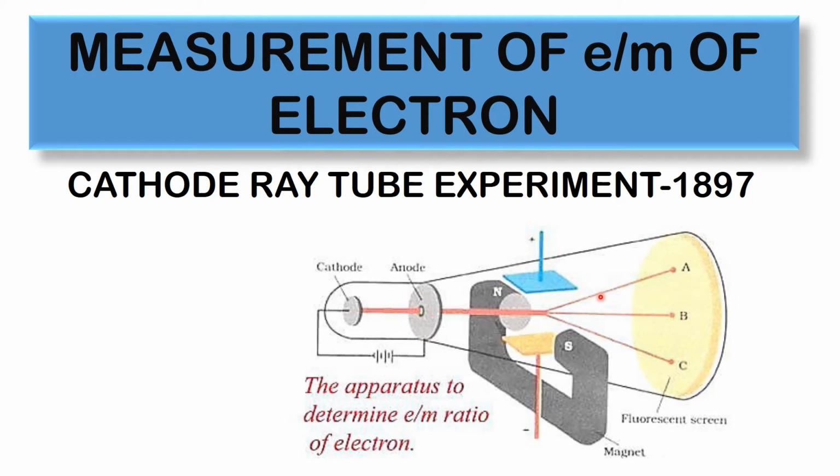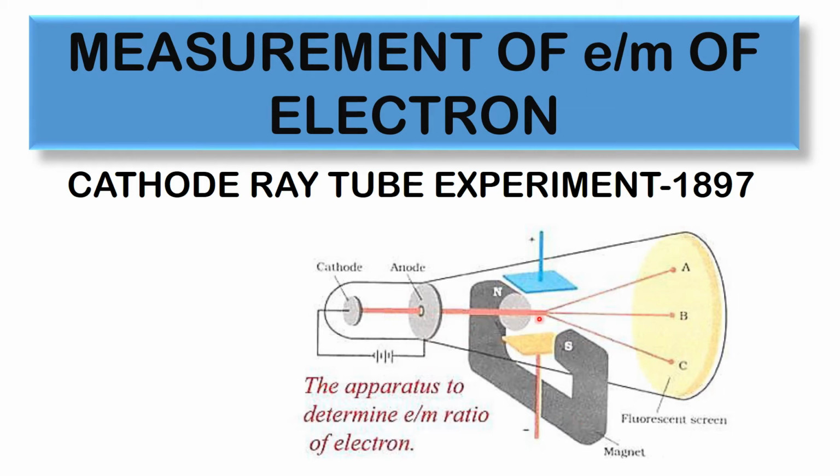Then he turned off the electric field and switched on the magnetic field. And when he turned on the magnetic field and again produced these cathode rays, he saw that they were deflected by the magnetic field, and now they strike at point C on the fluorescent screen.